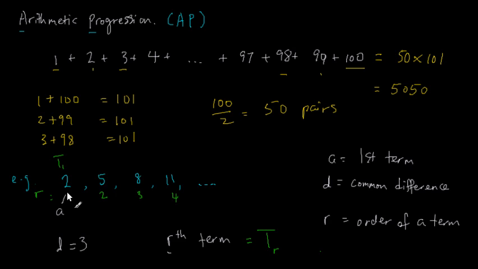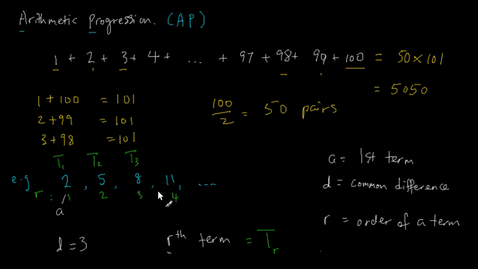T1 would be the first term, T2 would be the second term, T3 the third term, and so on. So it would be nice if I can make a formula for TR that would allow us to find any term we like if we pick an R.